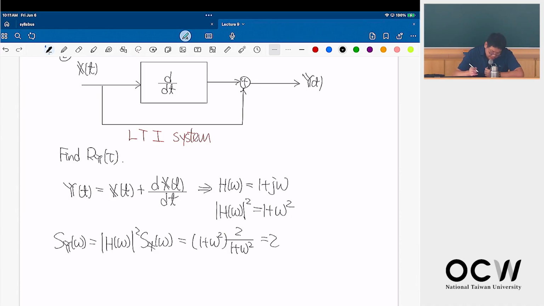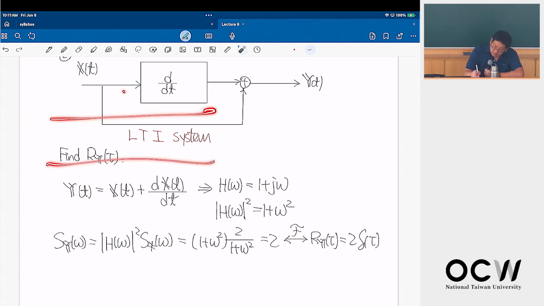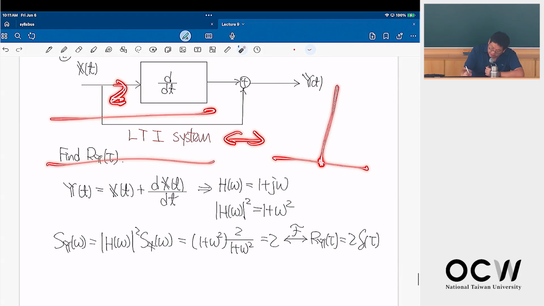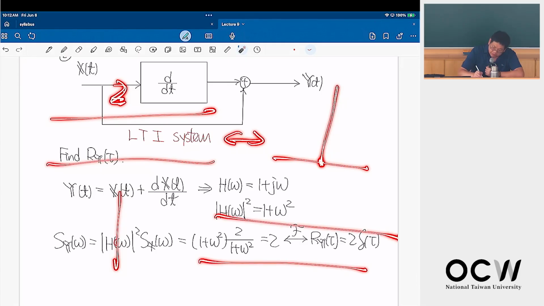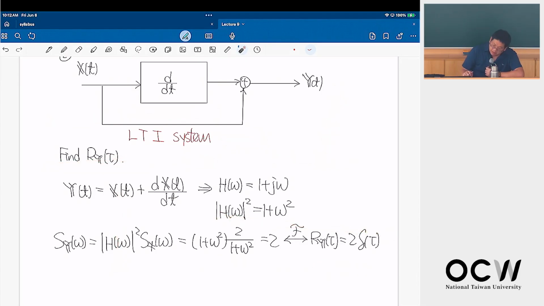And then that means the autocorrelation of y, because I can take the Fourier transform, the autocorrelation of y is a delta function. So if this is 2, then the Fourier transform will be like a delta function. A delta function, then the Fourier transform will be a flat, well, a constant number.